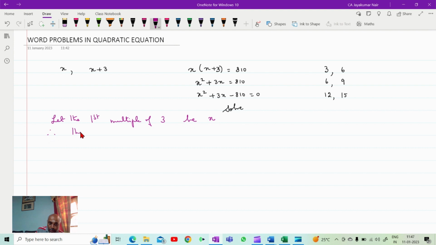Therefore, the second multiple of 3 will be x plus 3, and then you write x into x plus 3 is equal to 810. So x squared plus 3x minus 810 is equal to 0. So this is the quadratic equation and you need to solve this. So this is the first question. I told you how to frame.